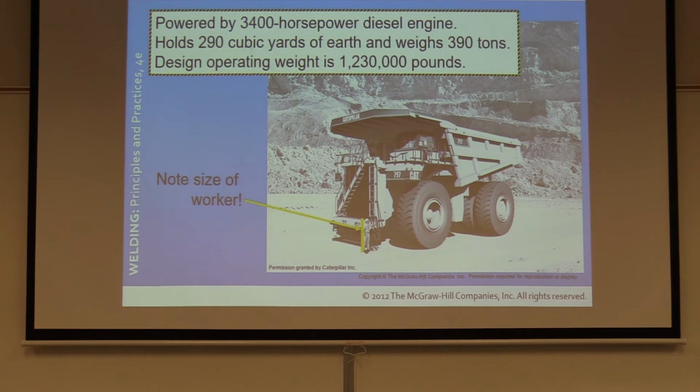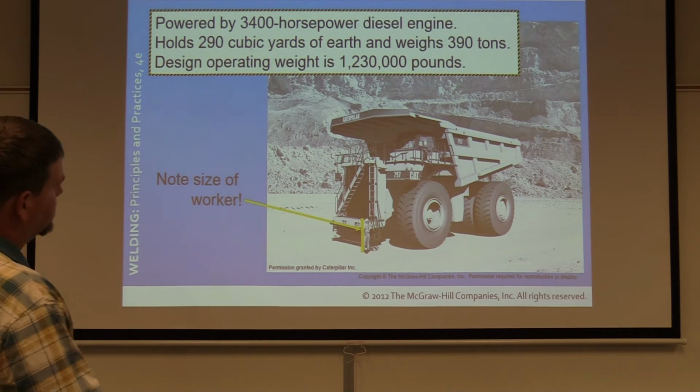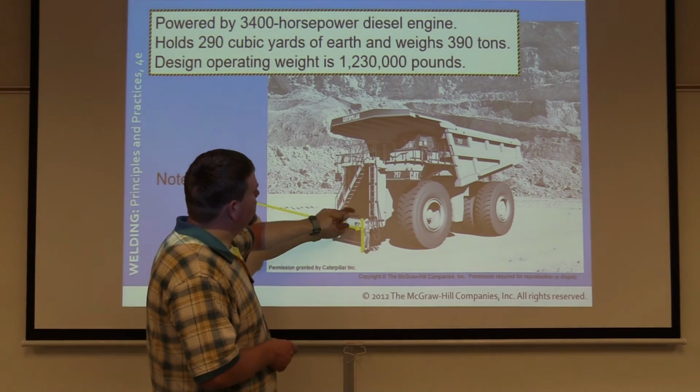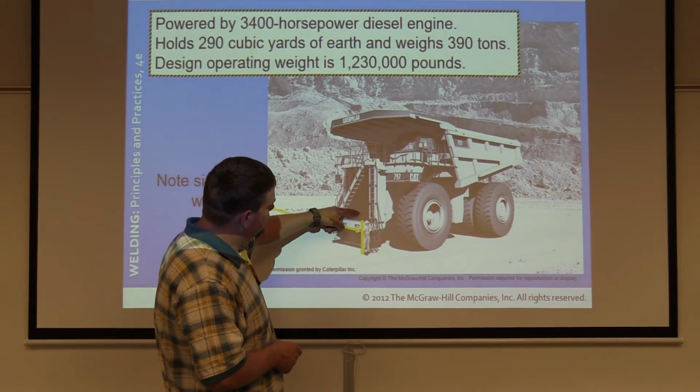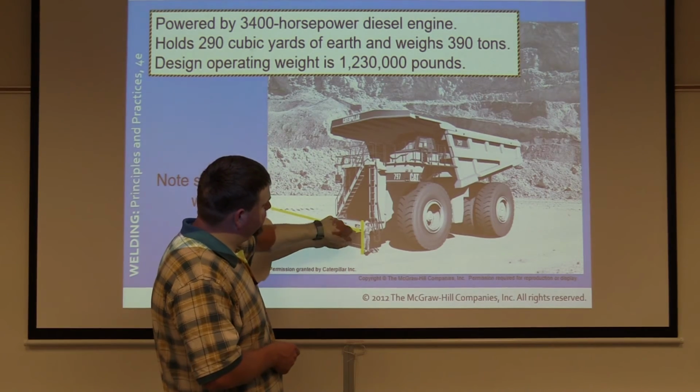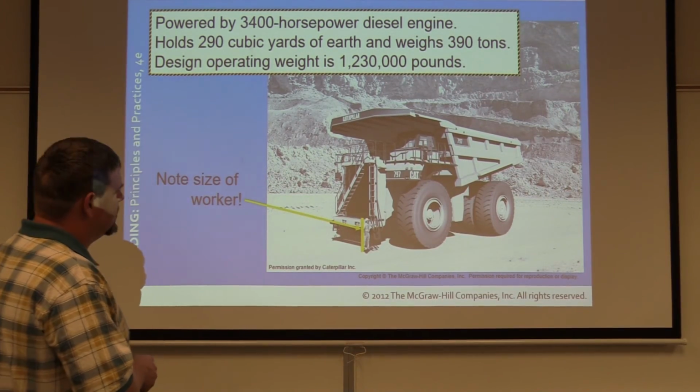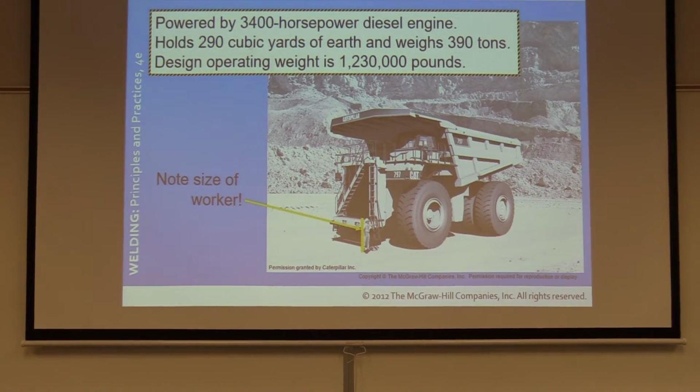I don't know, it says not the size of a worker. That's pretty close. Smaller version, we'd be a couple feet above this, but that one's probably a very close comparison to the 797. 1.2 million pounds. It's a lot of material.